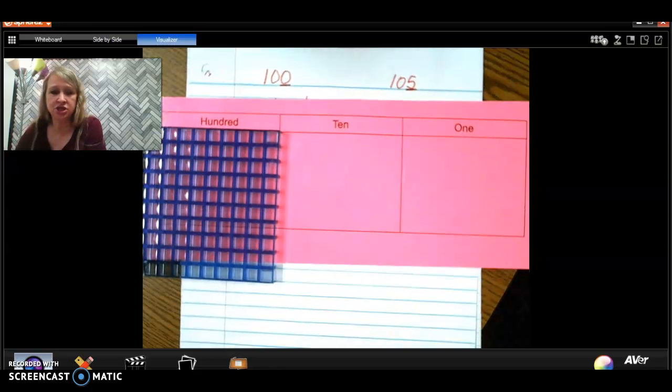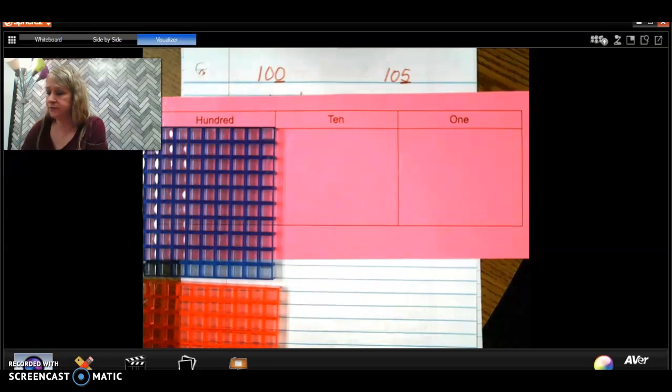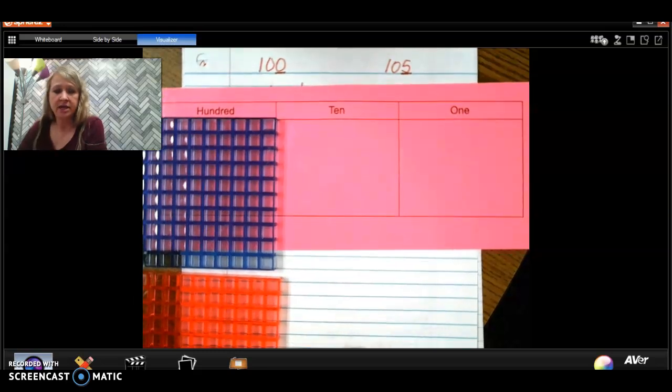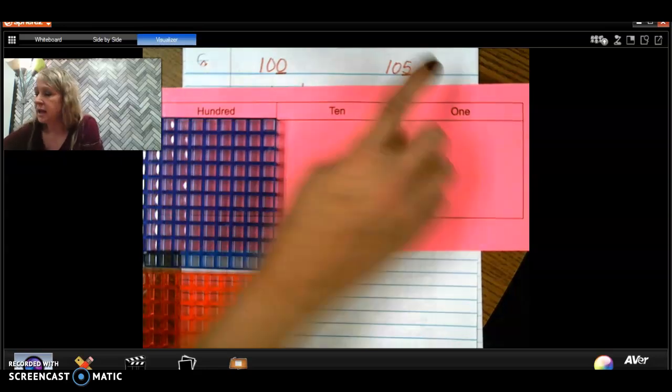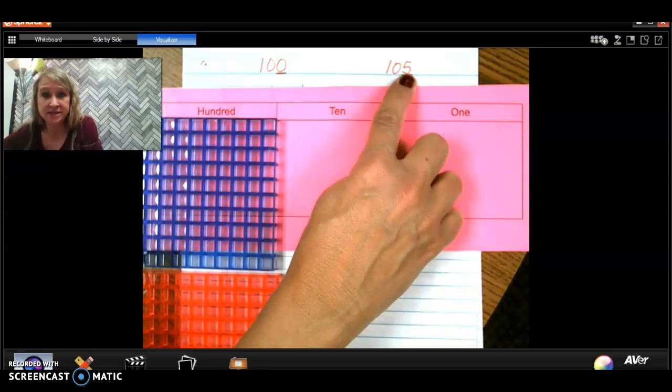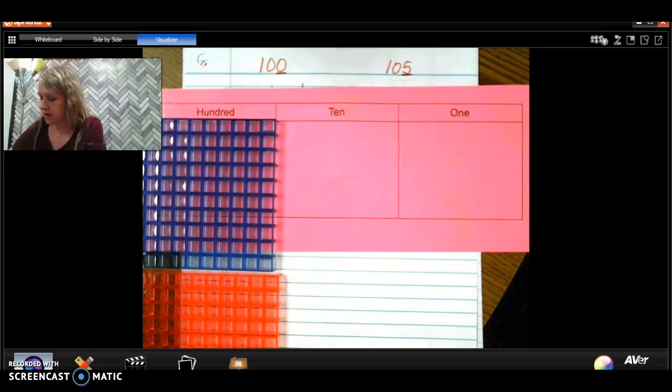How many hundreds does she have? 1. She has 100. How many 10s does she have? 0. How many ones does she have? 5. She has 5 1s. So I'm going to put 5 1s in the ones place.